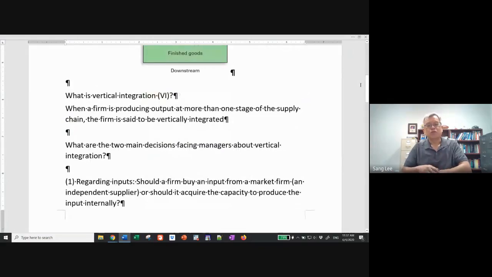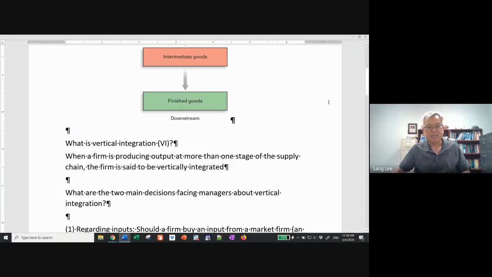Then what are the two main decisions facing managers about vertical integration? Basically, you can ask a question like this. If you are the manager or the decision maker of a firm, how would you decide on the length of your supply chain? For example, how many upstream divisions would you like to have in-house?